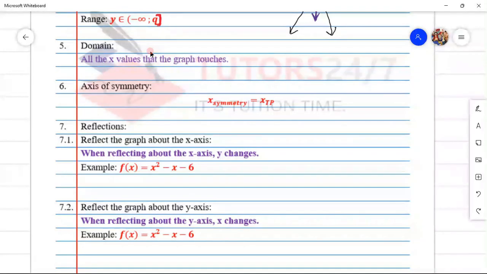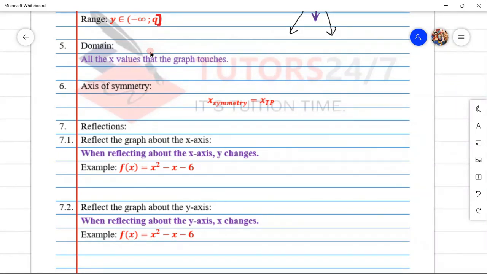Because if the domain is unrestricted, our parabolic function is going to touch all of the x values. The only time that the domain is not x an element of real numbers is when the domain is restricted. We'll go further into detail regarding restricted domains when we do inverse functions.